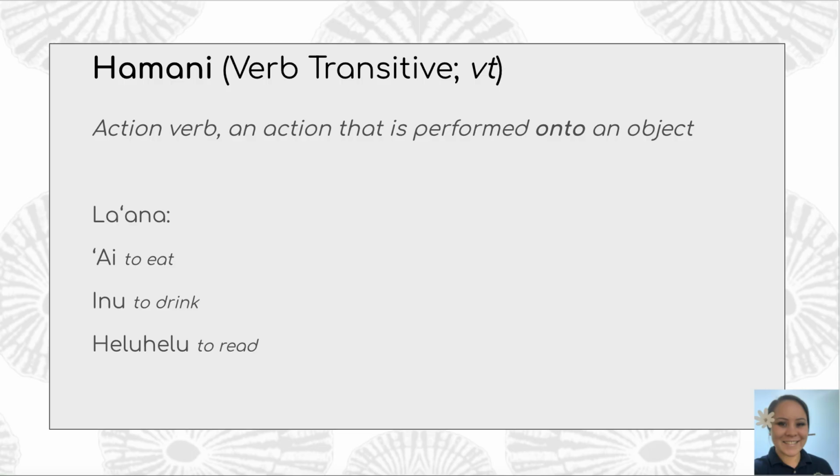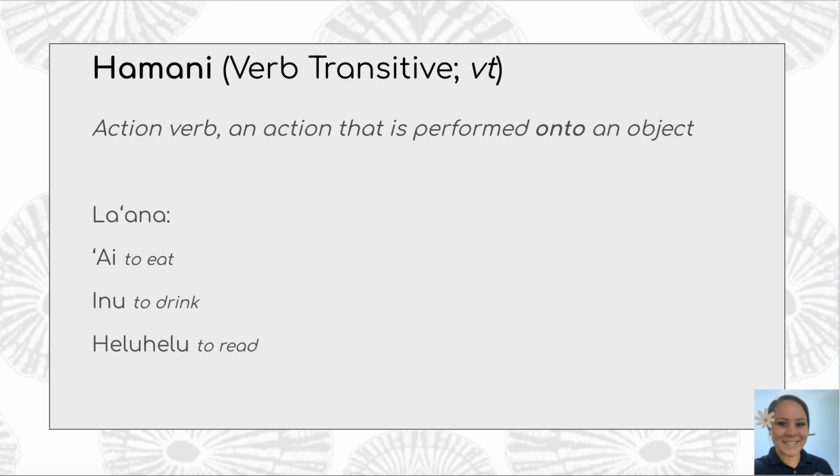Hamani being the first one, of course, like I said, a verb transitive is again an action that is performed onto an object. And one way to kind of remember hamani, you can think of the word hammer or the action that you do with a hammer.